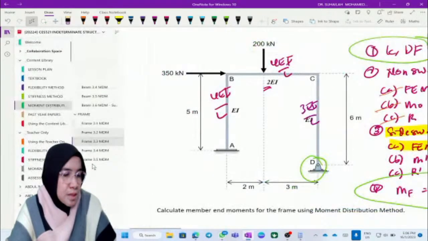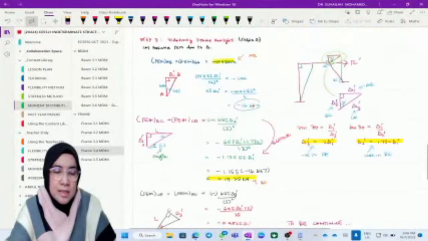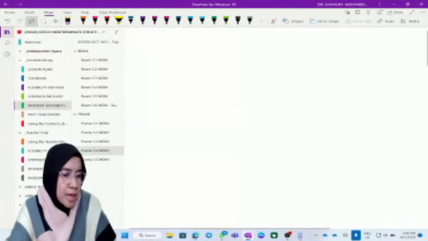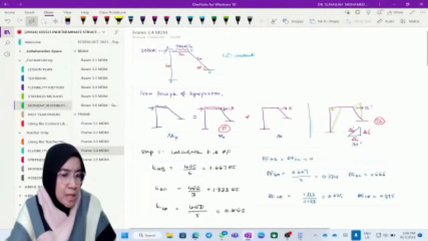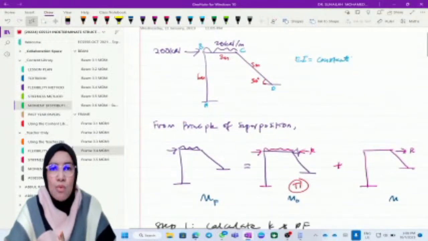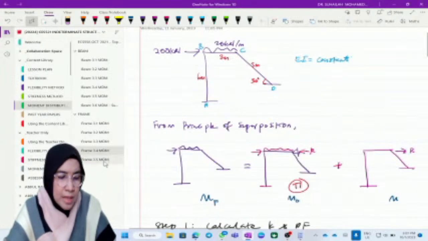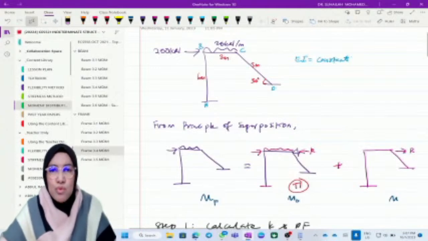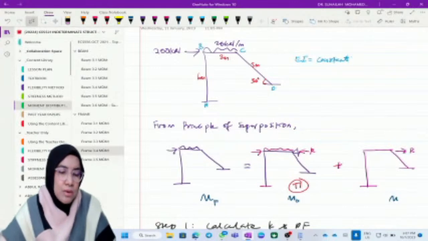Before we end the session today, I just want to highlight that there are other examples. Under the OneNote class notebook, frame 3.4 is this type of frame where we have one inclined column, and frame 3.5 is another type where we have two inclined columns.